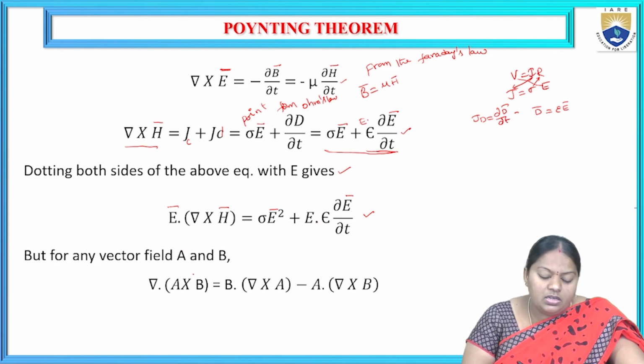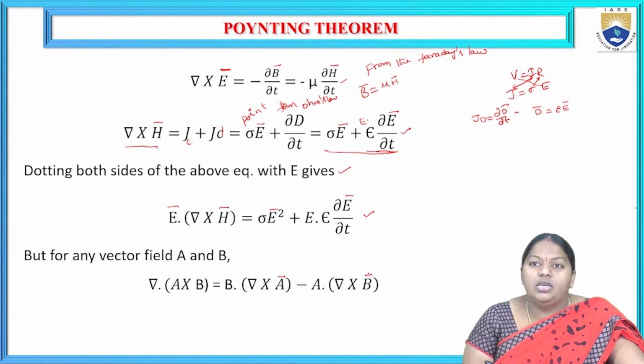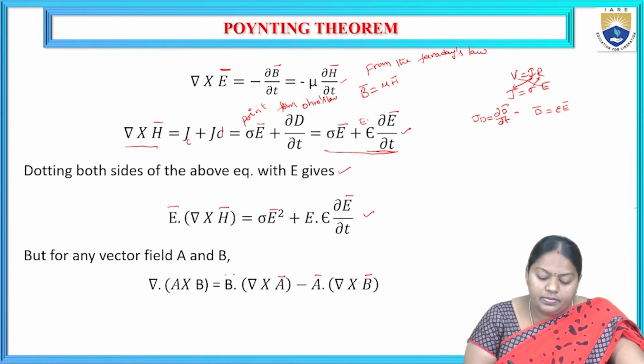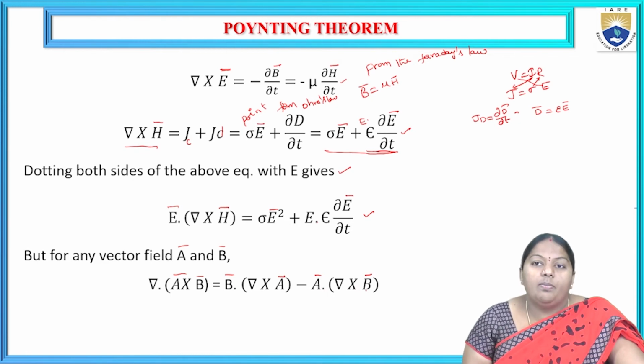Then from the vector identity, we have one relation as del dot A bar cross B bar equal to B bar dot del cross A bar minus A bar dot del cross B bar.